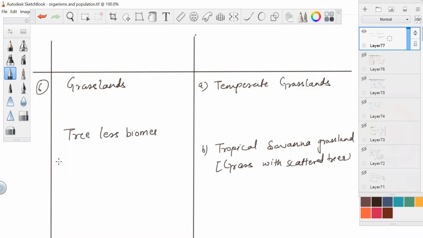You can write the annual range of temperature is minus 20 degrees Celsius to 30 degrees Celsius. Okay, this is the temperature range. And they receive precipitation of 500 to 900 mm per year, mean annual precipitation.